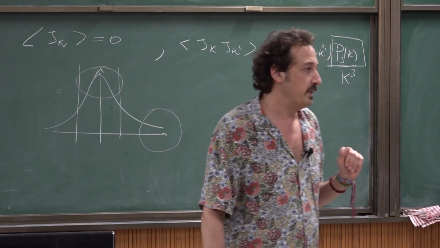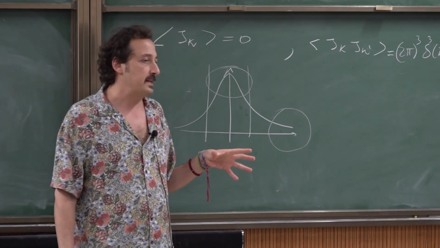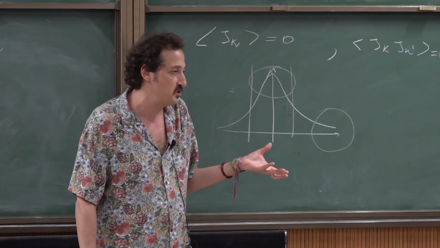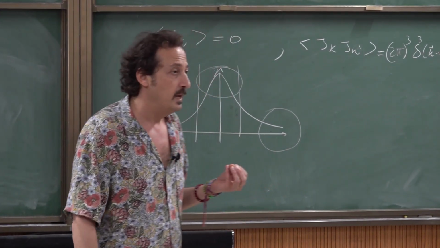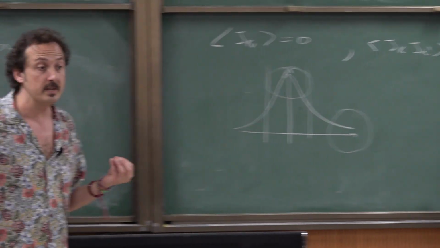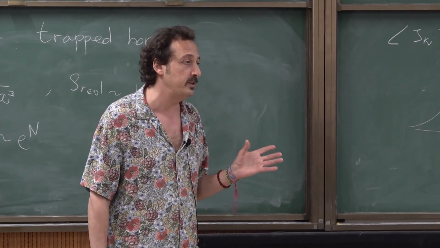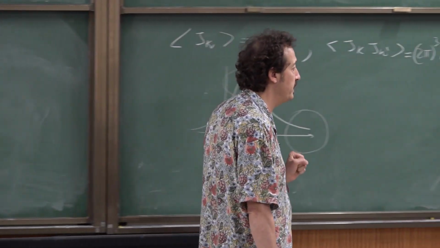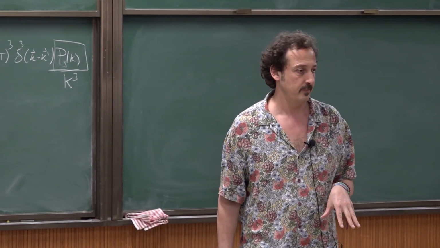Whether this is coming from inflation or something else, of course, is an extra assumption that goes well with us, because we know inflation is predictive, so it already gives us some information about our universe, so we also connect it to primordial black holes. But it's not necessary. As long as there is a power spectrum of perturbations, then we can start doing our analysis.